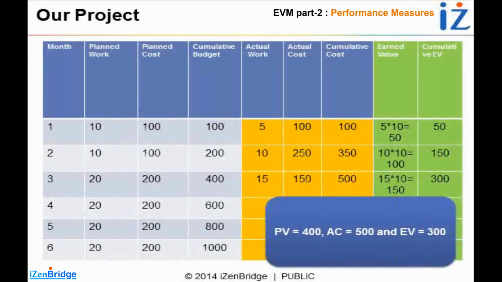So our PV becomes 400. We have done some work, so our actual cost is 500. We have spent $500, and if we look at the work we have completed in terms of the planned rate, we have earned $300 by this point in time.